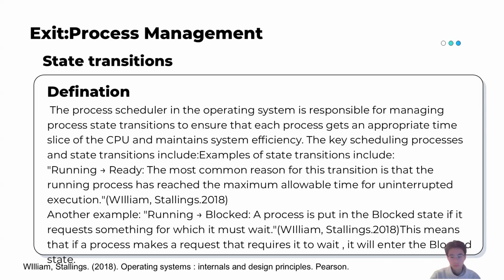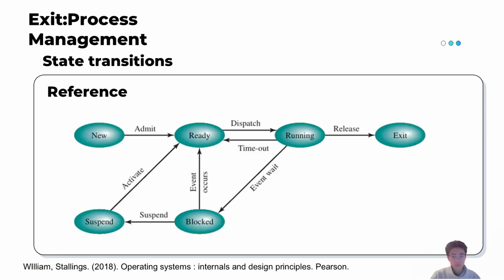Another example is from running to blocked, when the process requires an unavailable resource or event to proceed. And then is the reference from the textbook about all the kinds of state transitions: new, ready, running, exit, suspend, blocked.